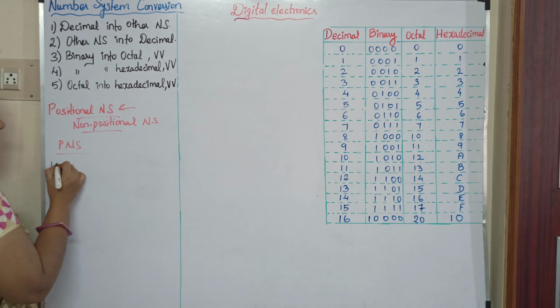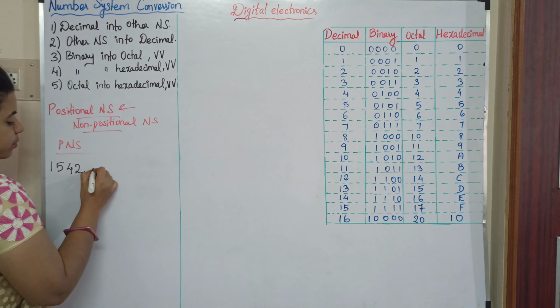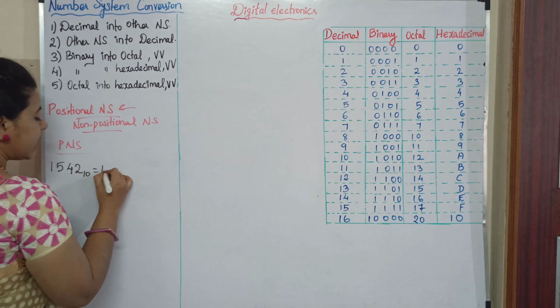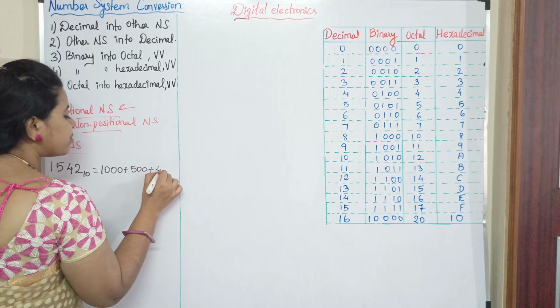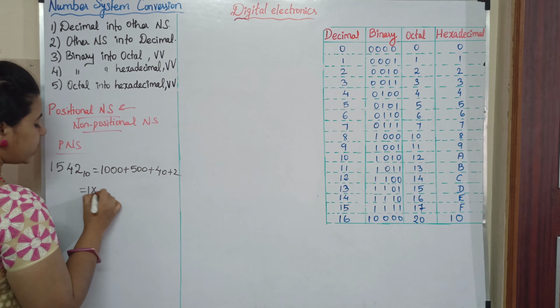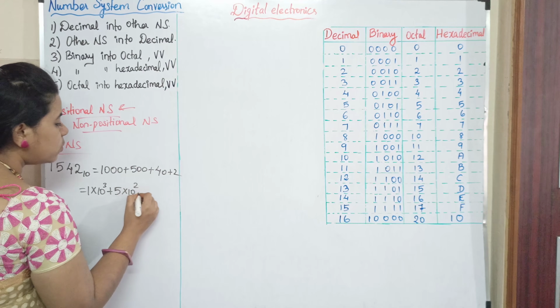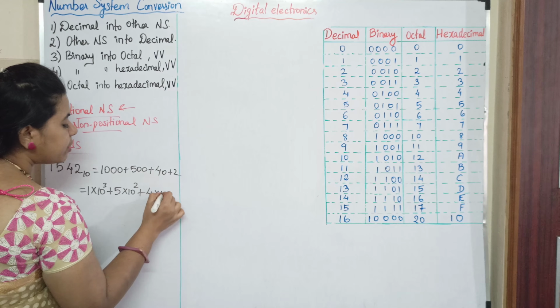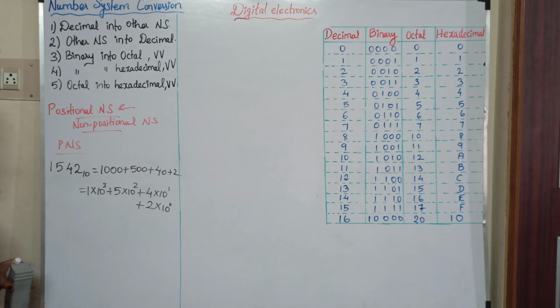For example, consider the decimal value 1542. This can be written as 1000 plus 500 plus 40 plus 2. Or I can write it like this: 1 into 10 to the power 3 plus 5 into 10 to the power 2 plus 4 into 10 to the power 1 plus 2 into 10 to the power 0.